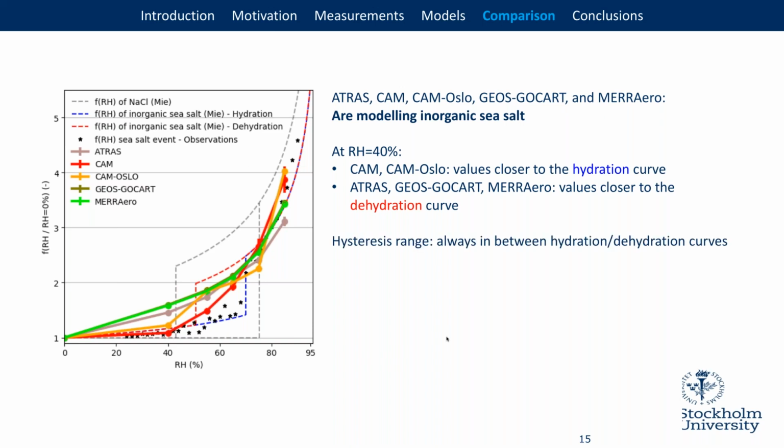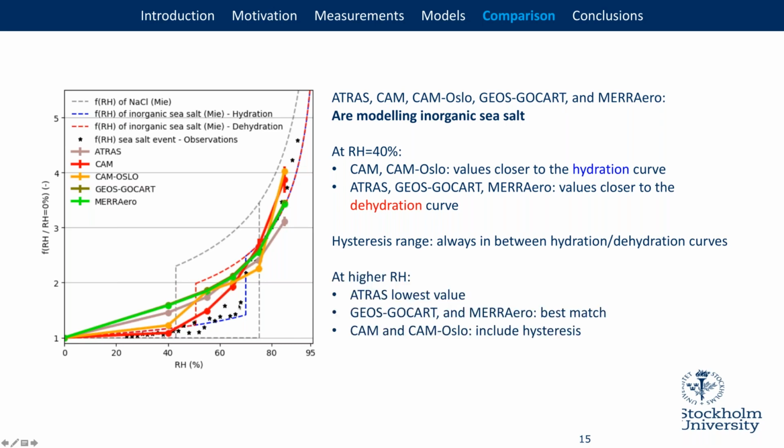Then within the hysteresis range, that is between 40 and 75, the models are between both of these curves. And when we go to the highest values of relative humidity, we have a variety. Atlas is showing the lowest value, while CAM and CAM Oslo show the largest value. And these 2 models are the only ones taking into account the hysteresis effect.